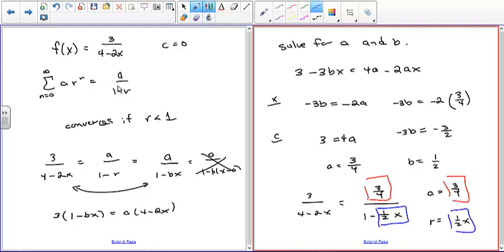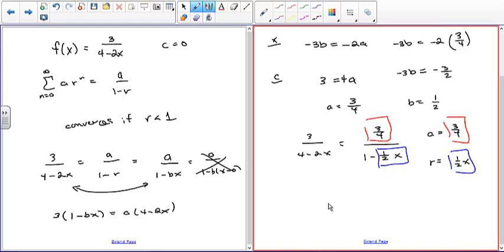So now what I can say is that I can represent 3 over 4 minus 2x as equal to the summation from n equals 0 to infinity of 3/4 times 1/2 x to the n power.